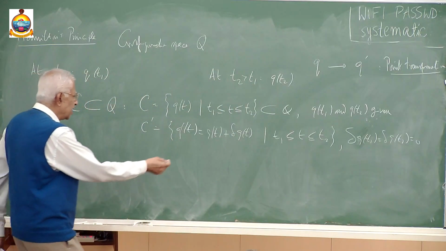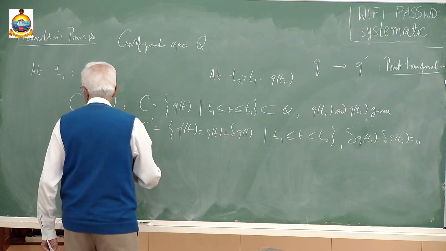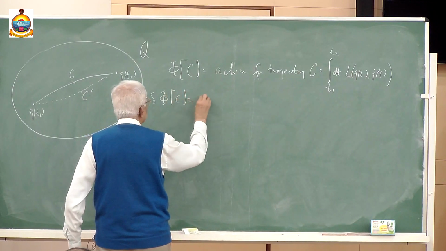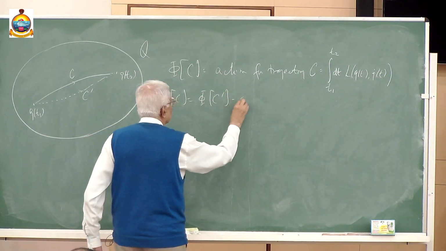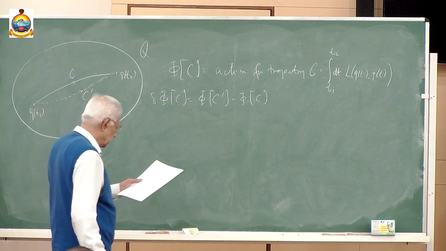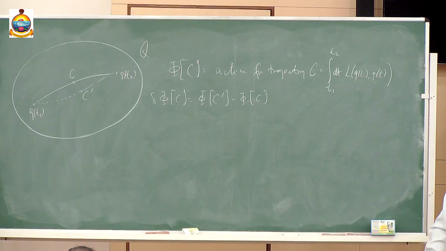All right. This delta q, the change from C to C prime, starts at 0, that is, the initial point is unaffected, and it ends at 0, but in between it is allowed to vary a little bit from C. Then it is a matter of interesting and nice calculation to find out by how much the action has changed: phi for the path or trajectory C prime minus phi for the original C, to first order in these small quantities delta q, and with the condition that the end points do not change.